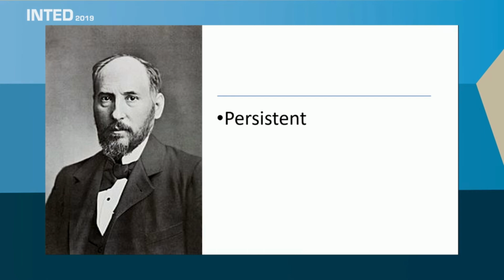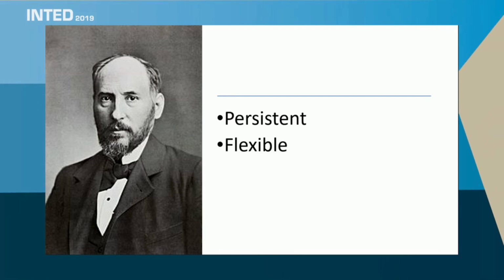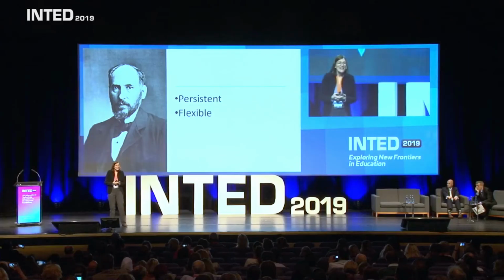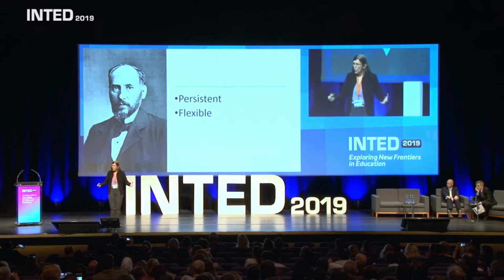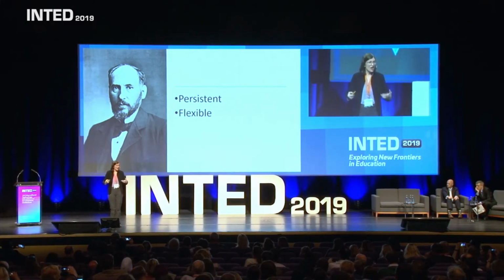But he said, I was flexible. And by this he meant, well, he said, I have worked with many geniuses, and I am no genius. And he wasn't. He really struggled in his learning, had a poor working memory.